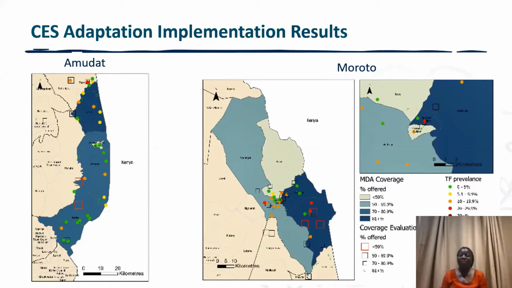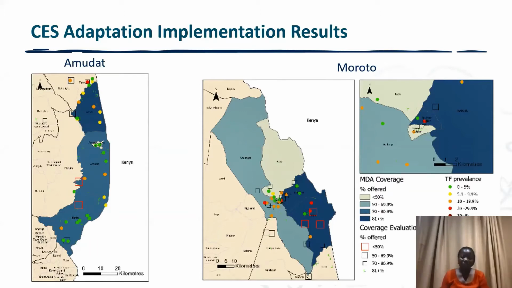When we move to the map on the right-hand corner, this shows a map that has a typical urban area. In this urban area, in the middle of the map, the MDA coverage was less than 50%.